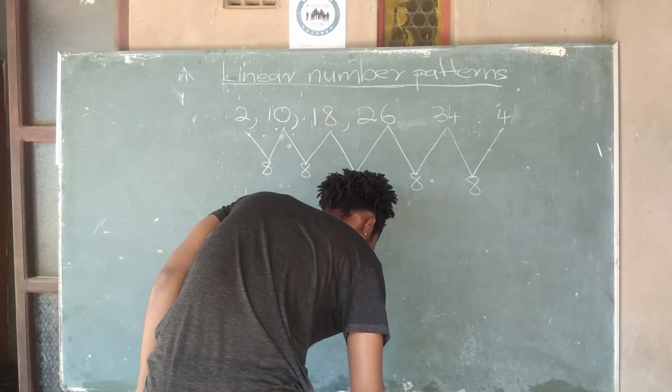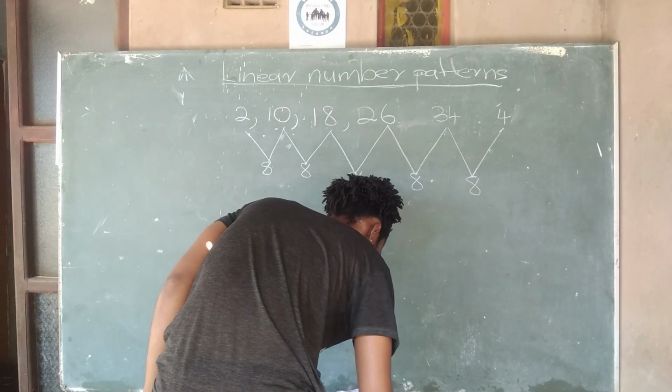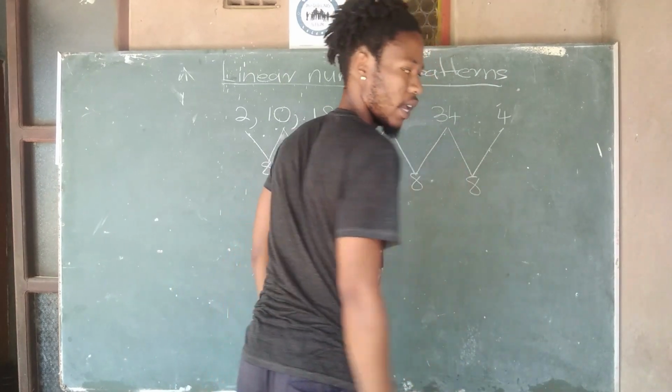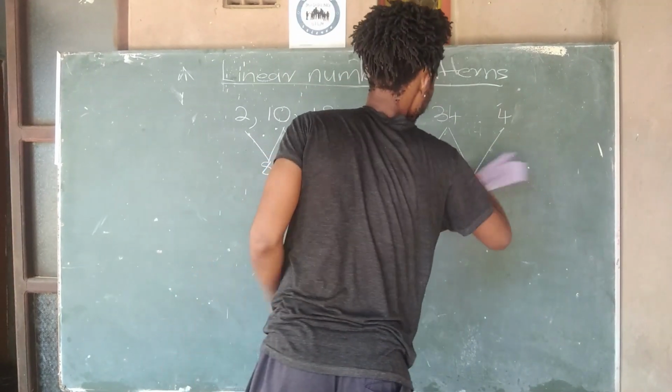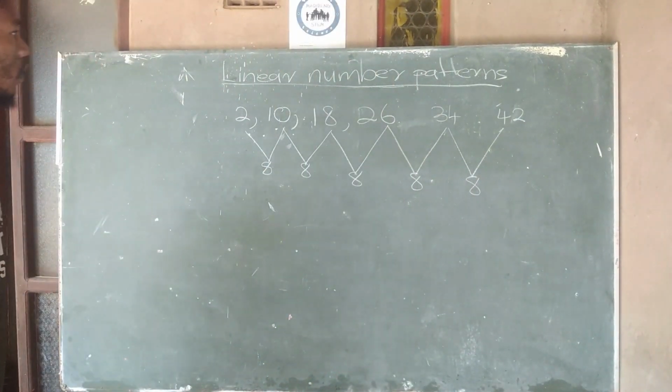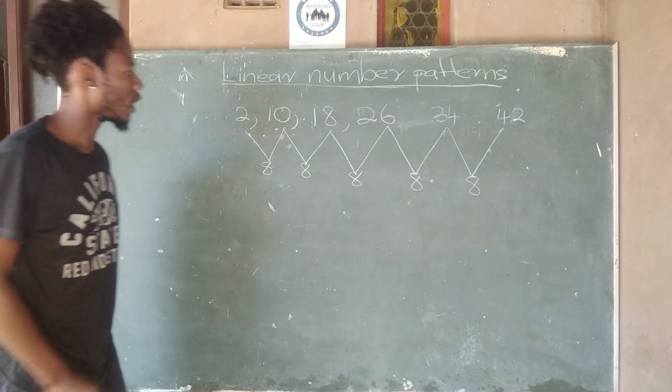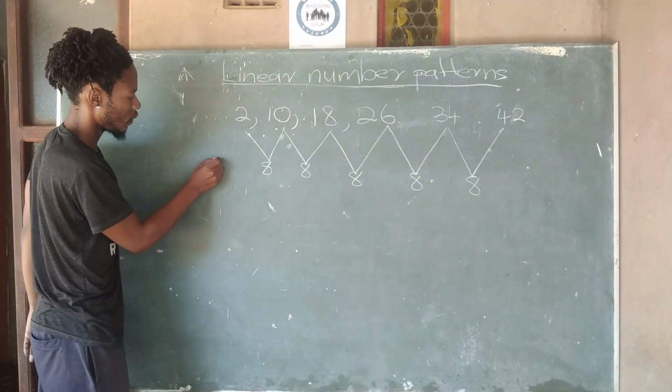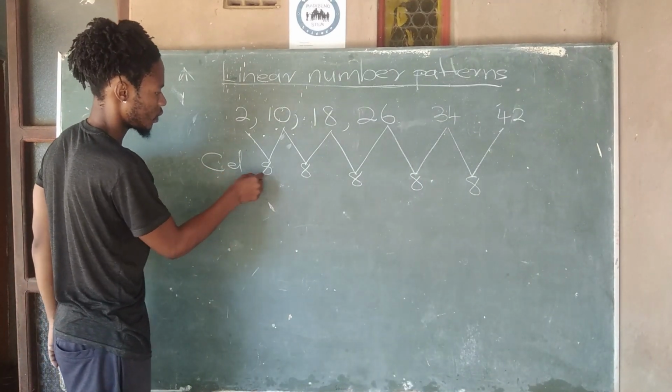Oh, that is 34 plus 8 is 42, guys. I added wrong. It's 42. This is 42. Yeah. So now we have our common difference. It's 8.